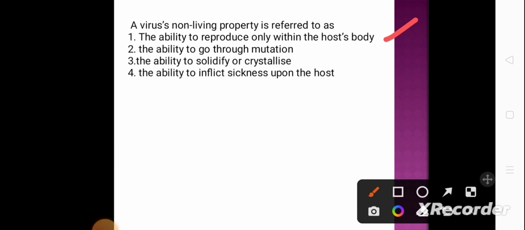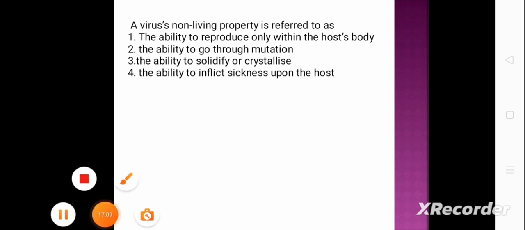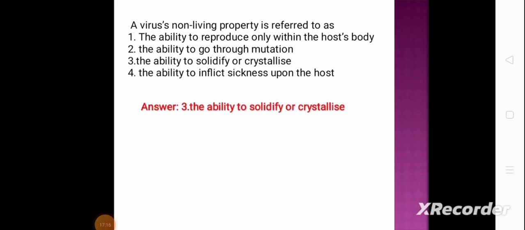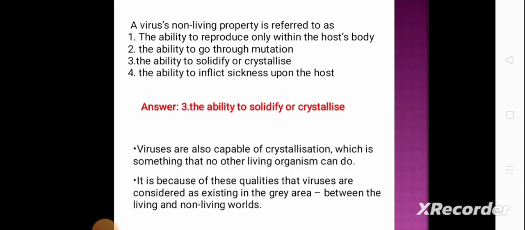The ability to go through mutation is also a living property. The ability to inflict sickness upon a host is a living property too. So the correct answer will be option 3, the ability to solidify or crystallize.